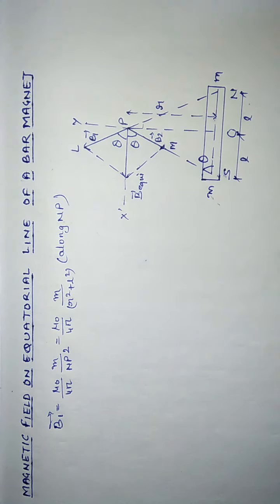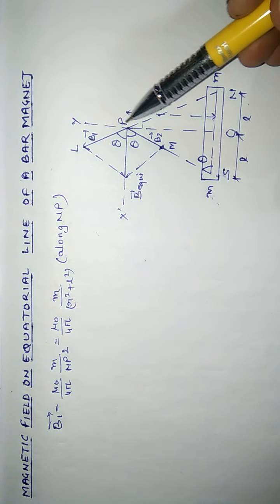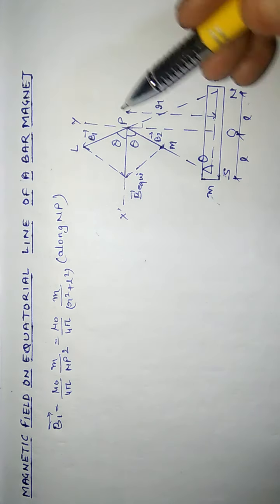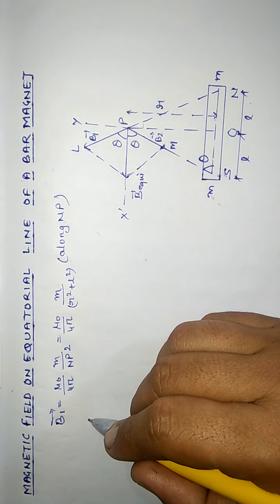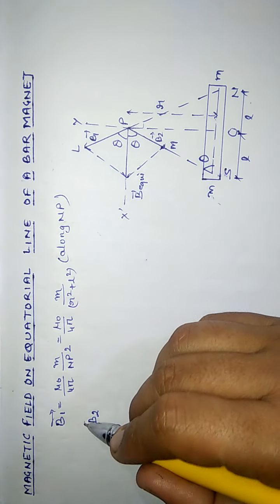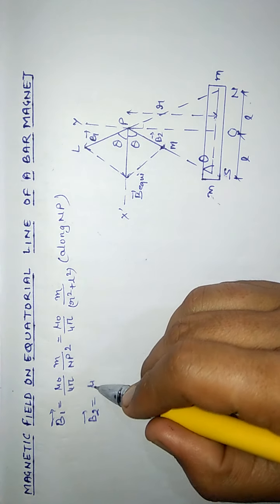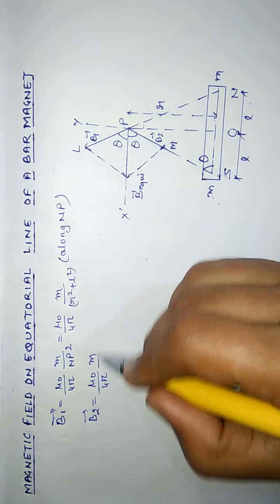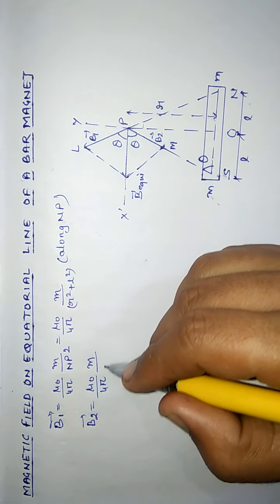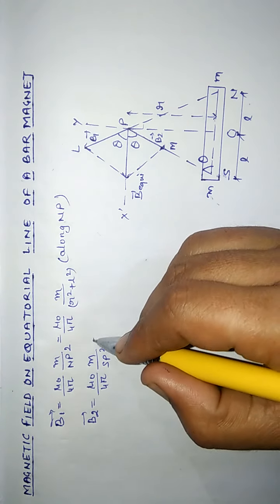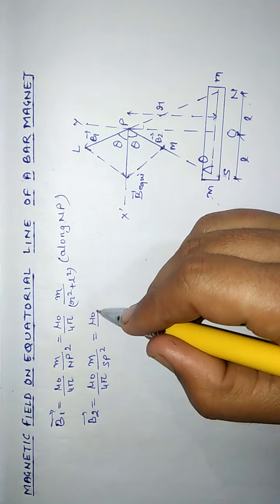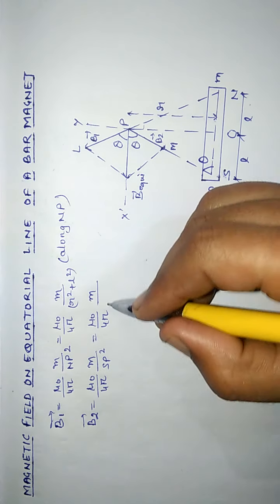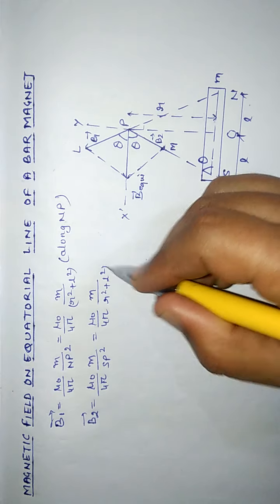Similarly, we can calculate the magnetic field at point P due to the south pole of this bar magnet. Let this be B2, then B2 is equal to mu naught upon 4 pi m upon the distance SP, so SP square, is equal to mu naught upon 4 pi m upon r square plus L square.